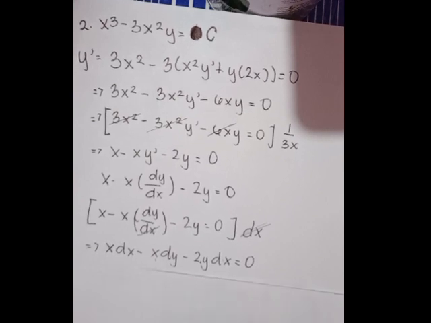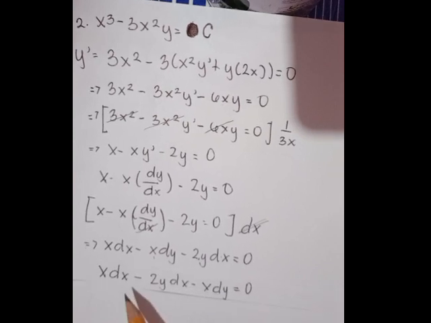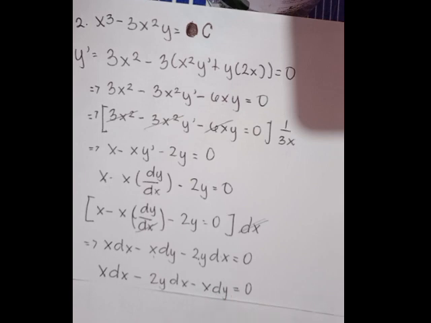And then combining similar terms, we will get x dx minus 2y dx minus x dy equal to 0.